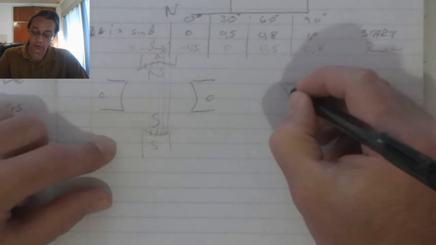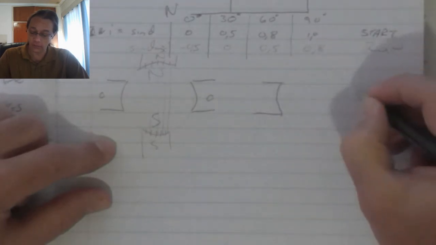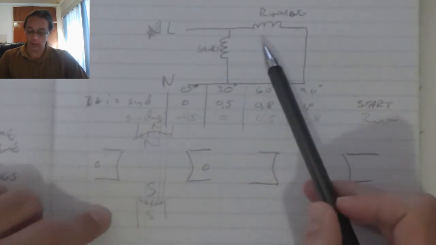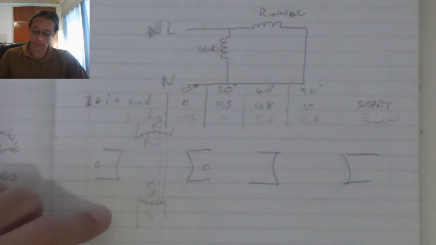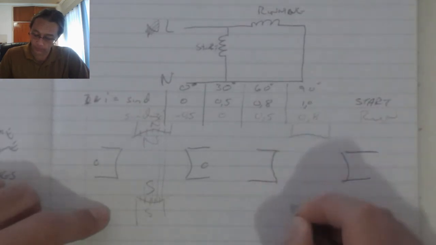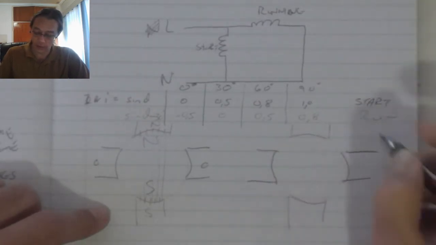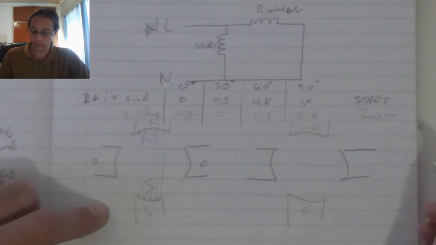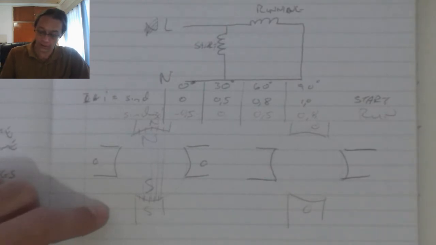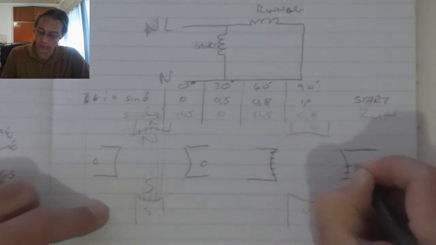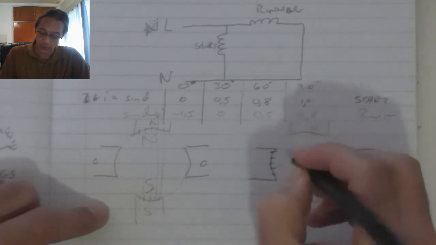When our supply rotates in 30 degrees, the two coils will split those phases and we will have our starting coil at 0 flux lines, and we will have our running coil at 5 flux lines. 1, 2, 3, 4, 5, 1, 2, 3, 4, 5.